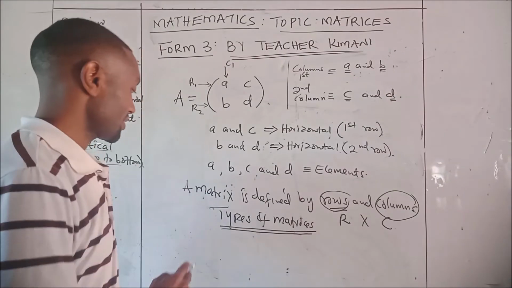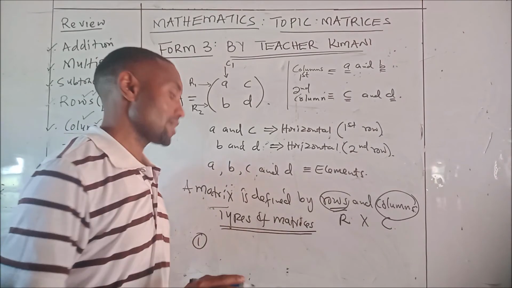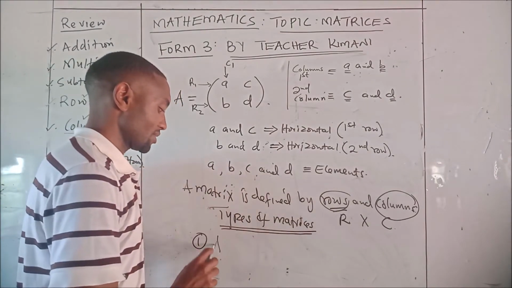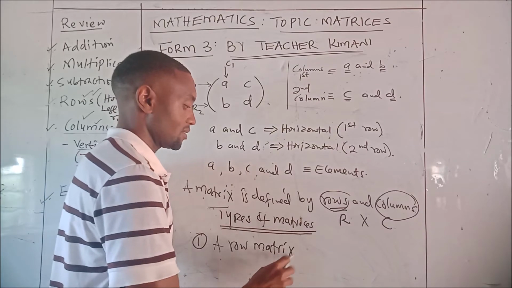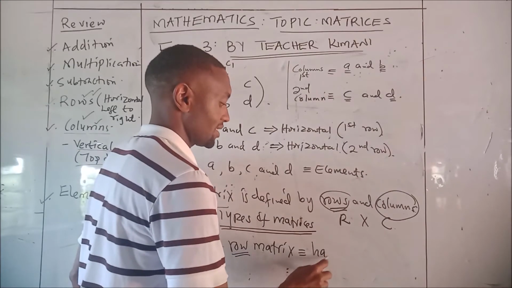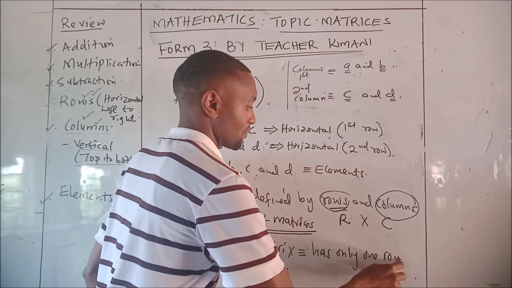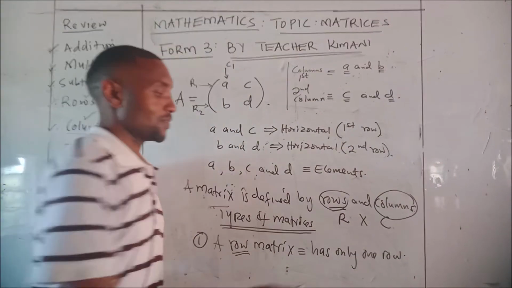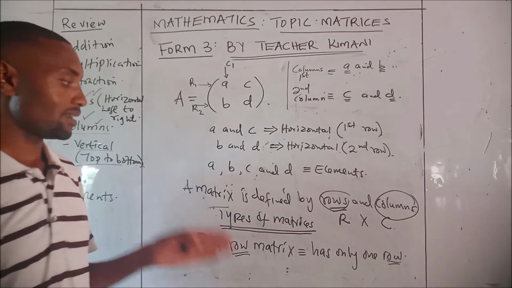The first matrix is what we refer to as the row matrix. It has only one row. Then we have another matrix.